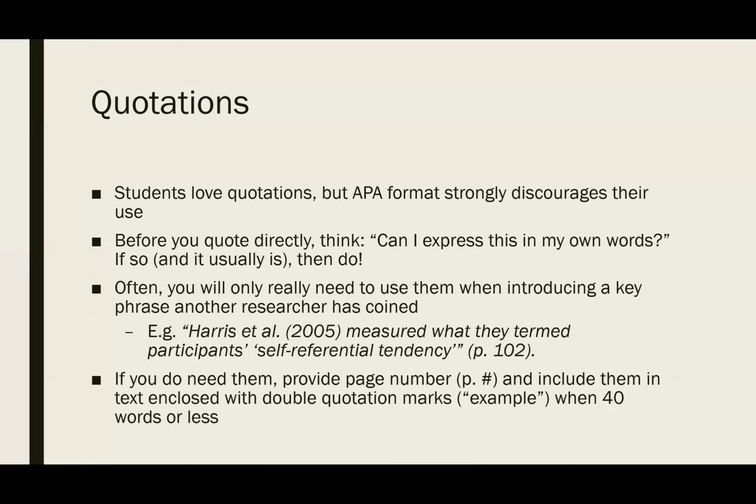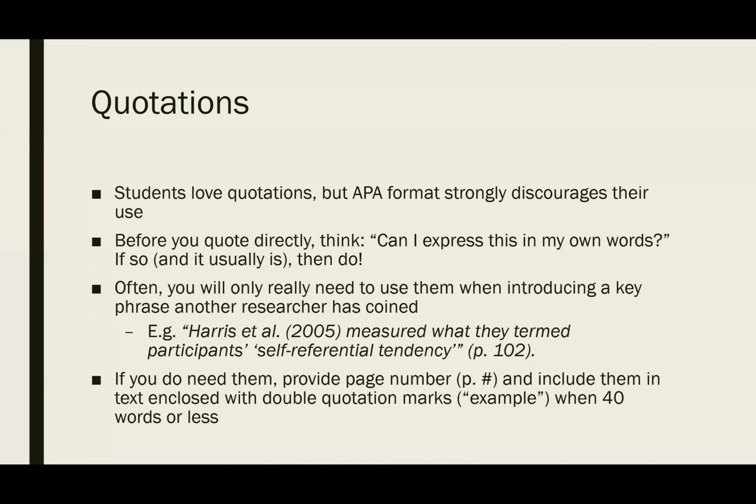You can see the example there that I pulled from a previous slide: they measured what they termed to be participants' self-referential tendency, and that is a quote from another paper. So you do need the quotation marks and the page number, but it's only a phrase, just a couple of words. You're not quoting a whole concept that someone else has discussed in their words.